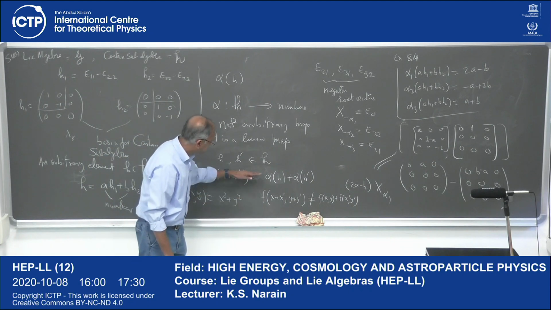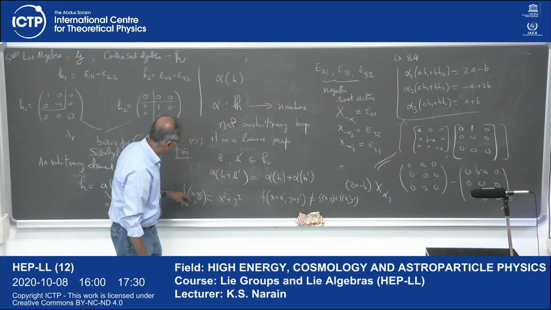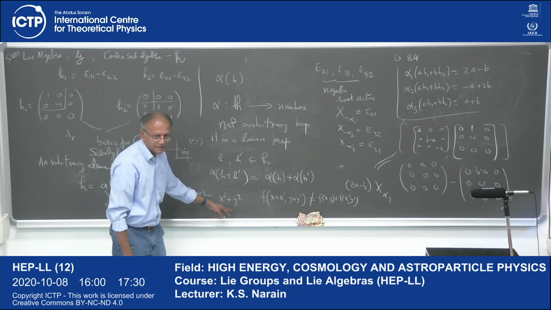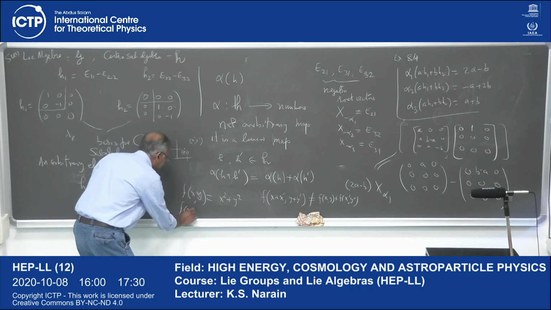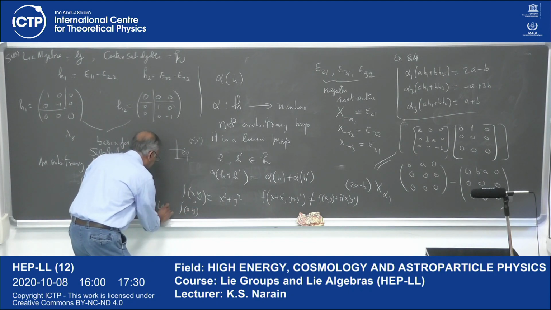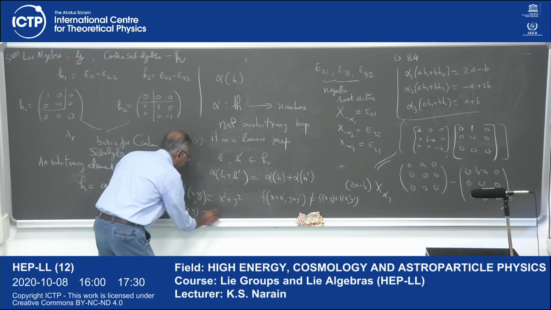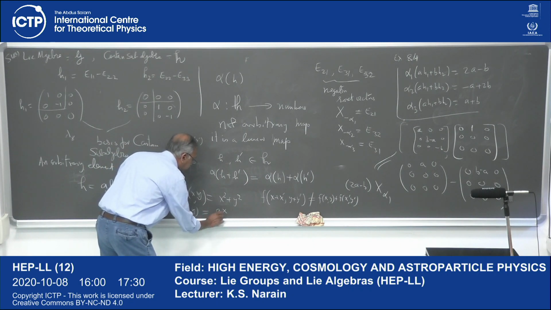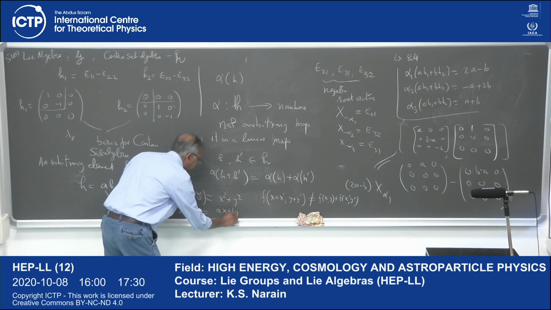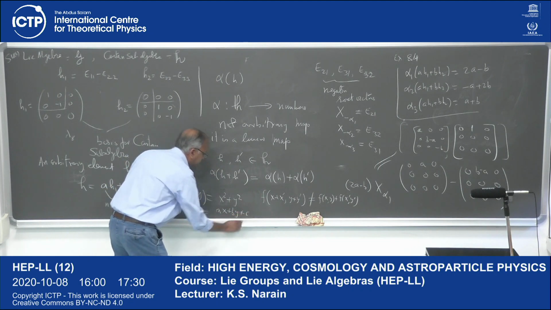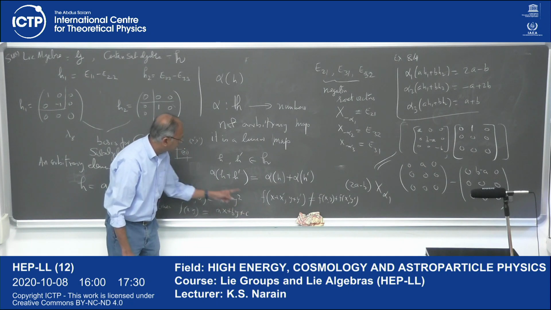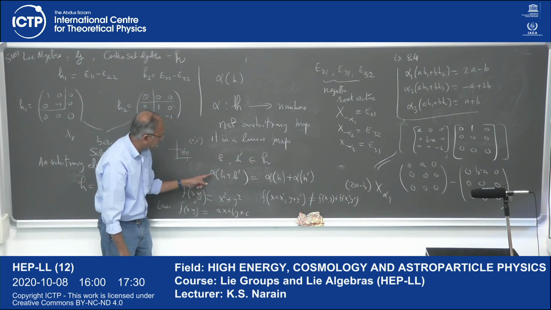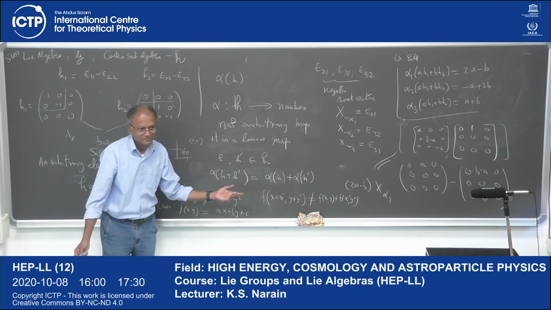So a linear function means that the only thing allowed is something which is linear in x and y. The most general linear function f of x, y is something of the form, let's say, ax plus by, plus possibly a constant. But that constant is not allowed, because we know these roots satisfy the condition that alpha of 0 is 0.